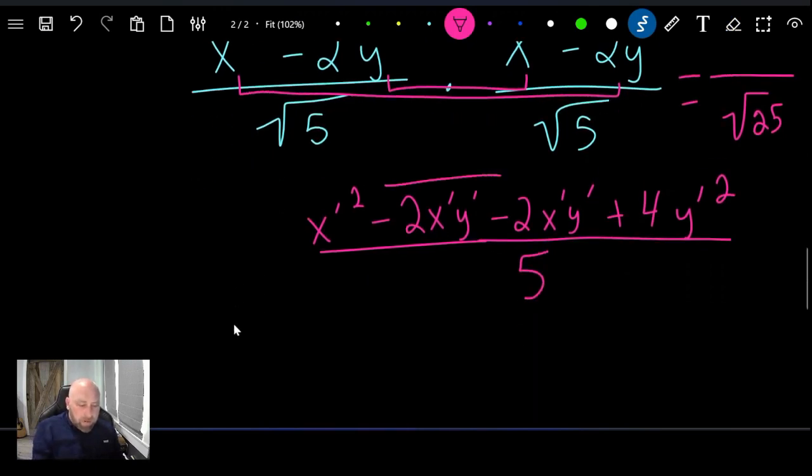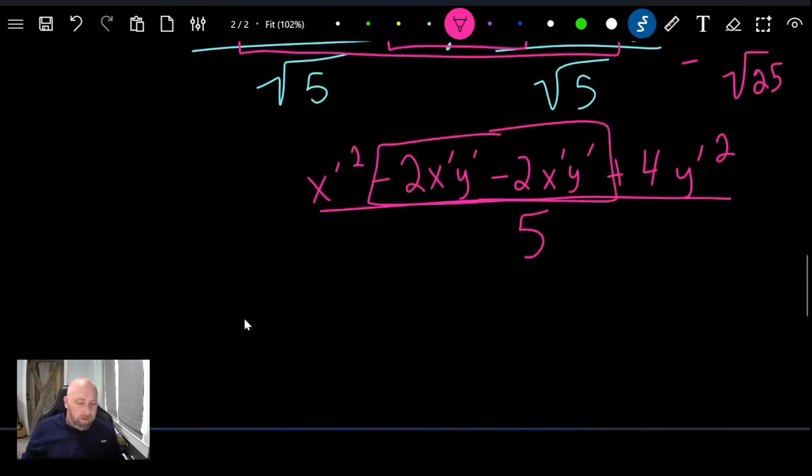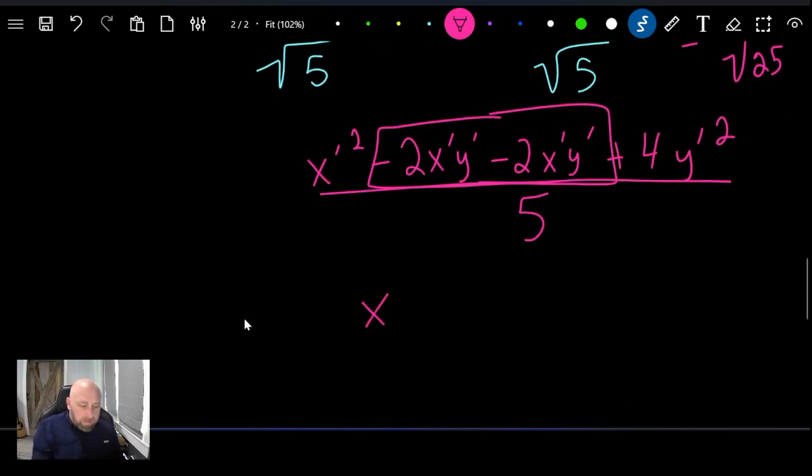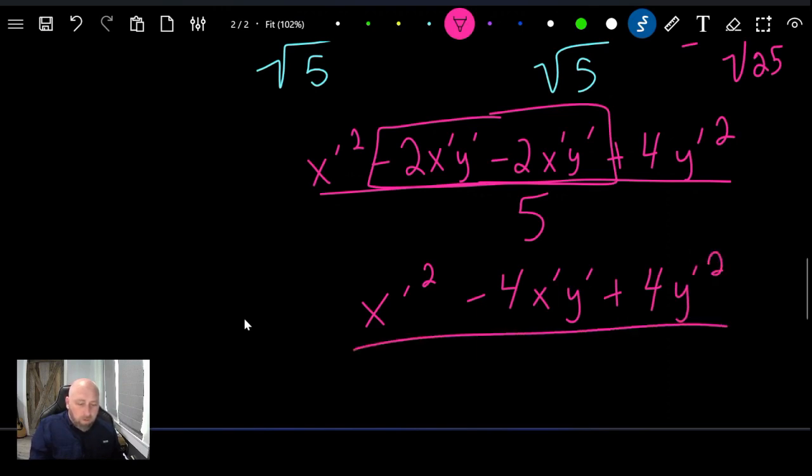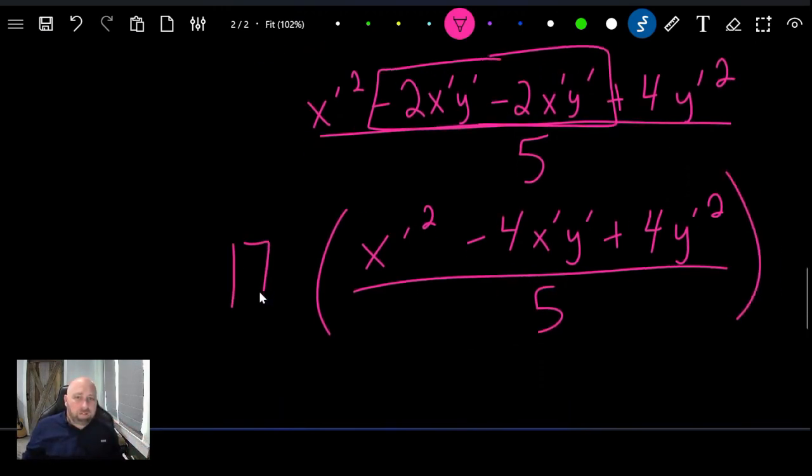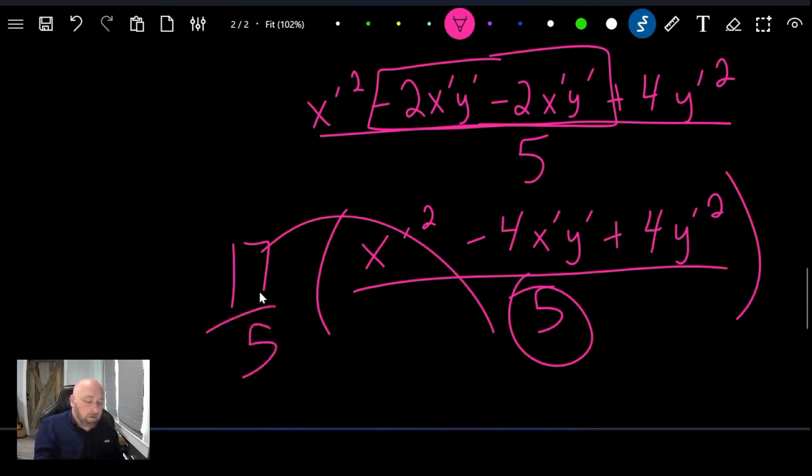Now we can combine these two pieces right here, and we're going to end up with x prime squared minus 4x prime y prime plus 4y prime squared over 5. And that's all times 17. Now, in order to get rid of this denominator, which we don't want to deal with, that's nasty, we can basically just pull this denominator out and put it over this.